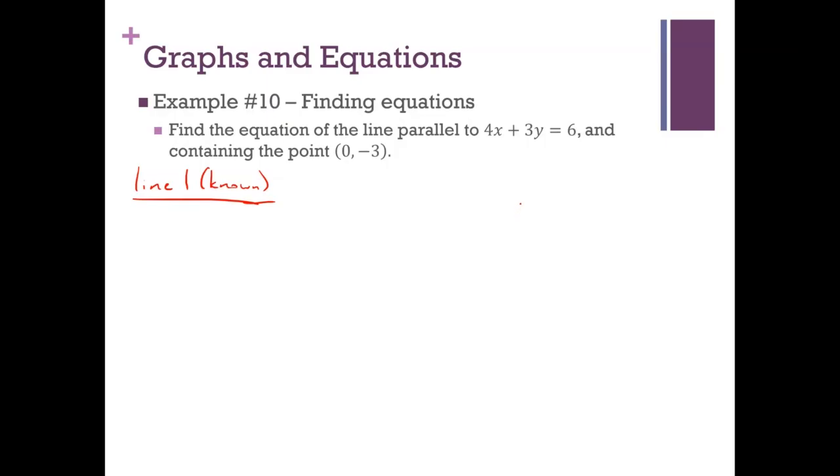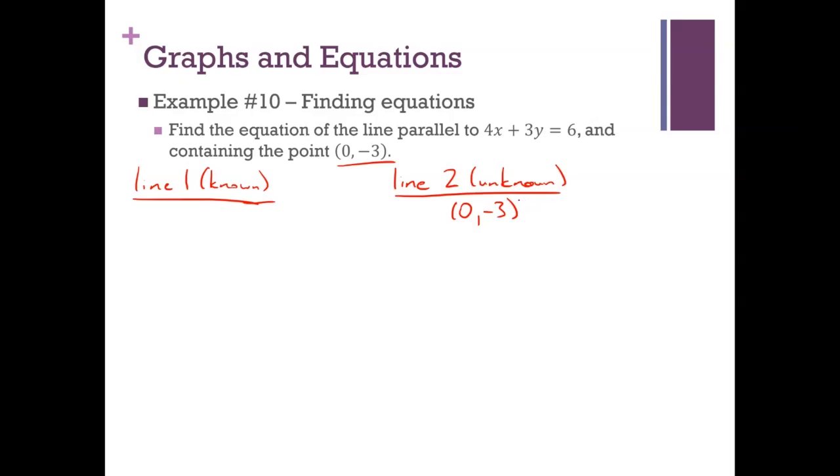The x and y axis. What about the x and y axis? So I know that that point is (0, negative 3). Is that on the known line or the unknown line? There's one line that I'm told a bunch of information about, and there's a second line that I'm trying to learn things about. Which one of those two is (0, negative 3) on? I think it's on the unknown one.